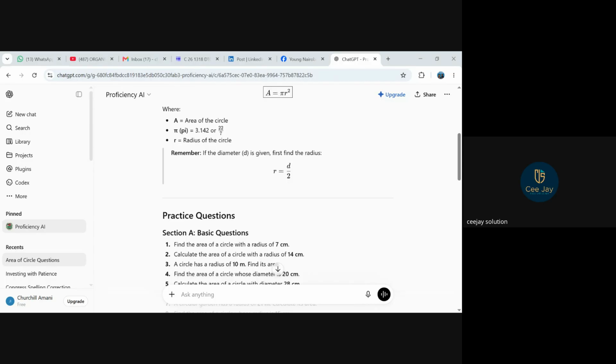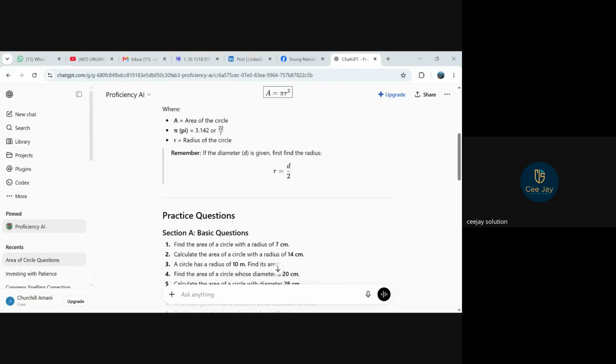So 22/7 times 14 times 14 gives me 616 centimeters squared.